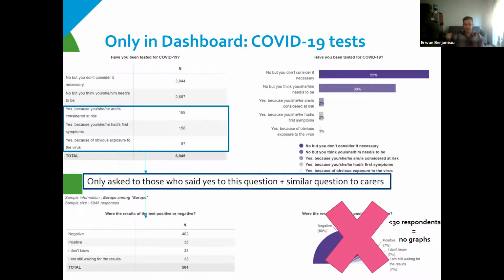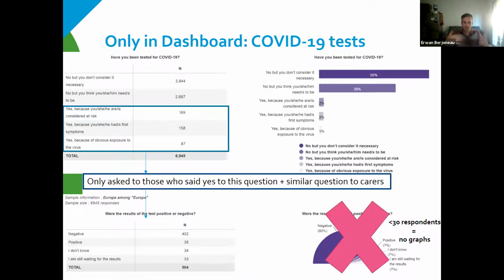So in that case, when your country has, let's say, less than 300 responses, it's very likely that for this question, you won't get 30 respondents. And when that's the case, we don't display the percentage graphic, because it's very dangerous and hazardous to draw conclusions out of very few people.